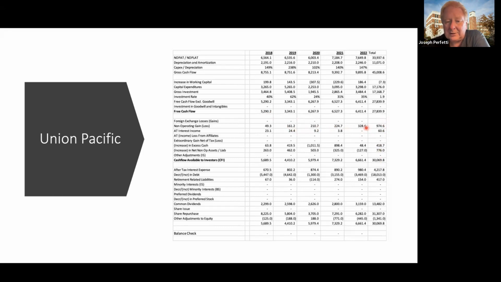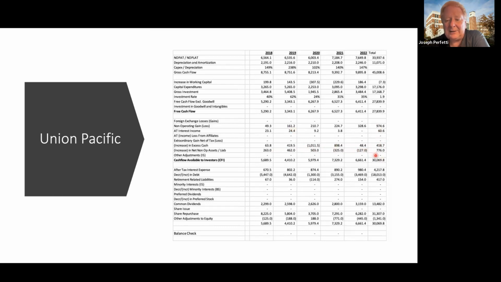Okay. They also had $776 million generated by a change in their non-operating assets and liabilities. And finally, they also saw a decrease in their excess cash of $418.7 million. Although in 2020, that actually added to their cash, but in the other 4 years, they've been drawing down their excess cash reserves. So when you add those up, that's how you get to the $30 billion worth of CFI.